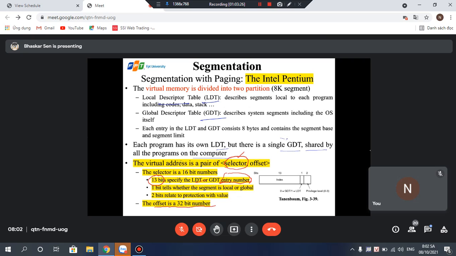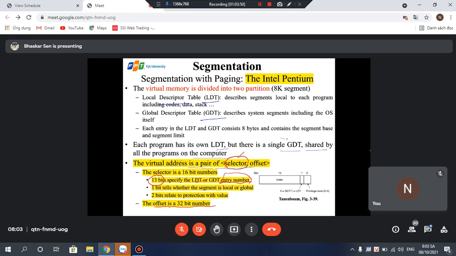Now, inside the LDT, the virtual address that is presented is a collection of selector and offset. Now remember, over there, we had page index and offset. Now here, they call it selector and offset. So don't get confused. The names are different, but the mechanism is still the same.